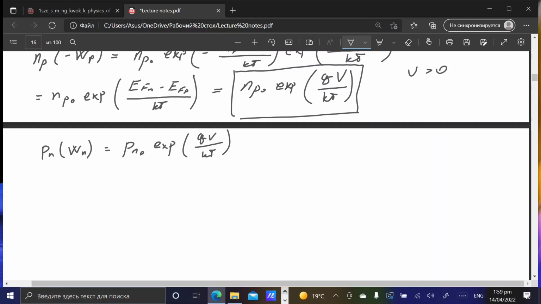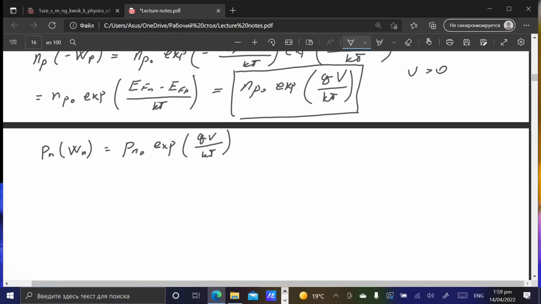So what is interesting for us and what is important in terms of charge transport, we need to know the concentration of excessive non-equilibrium charge carriers.